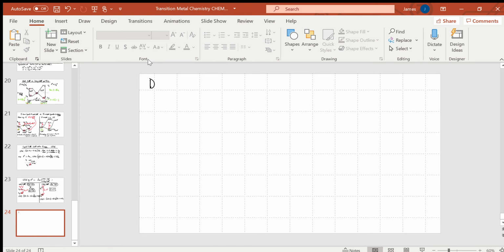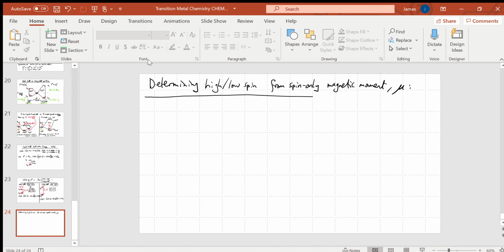So, determining high or low spin from the spin-only magnetic moment, which I'm going to call mu.